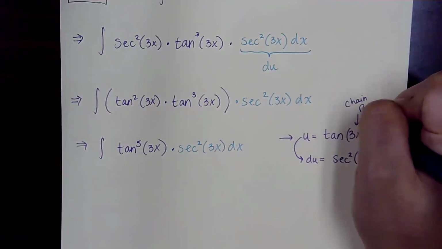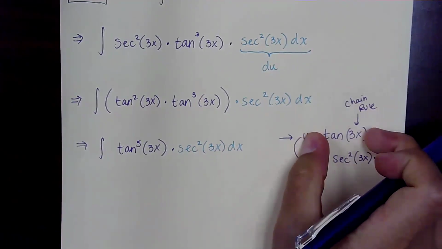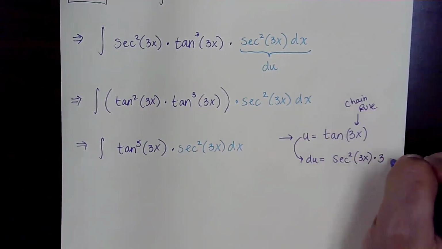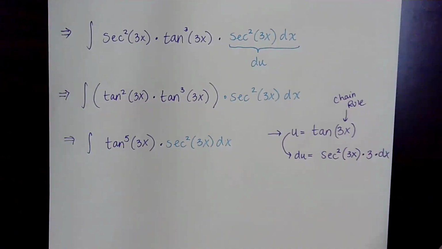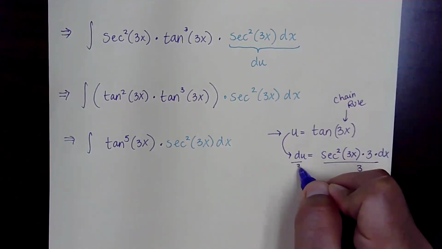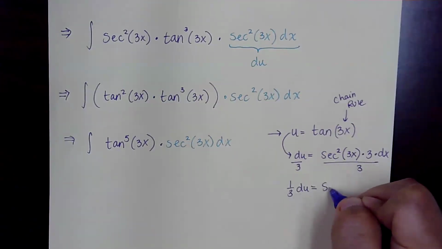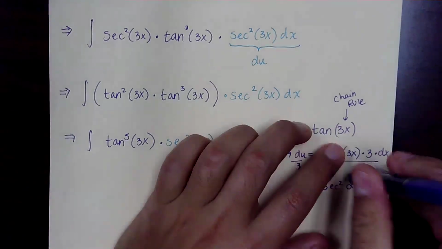Because if we have a function inside of another function, then the derivative is the derivative of the outside function times the derivative of the inside function, which would just be times a 3 times a dx. Which means that I have to divide this 3 over to the other side. So I'm going to have 1/3 du is equal to secant squared 3x dx.